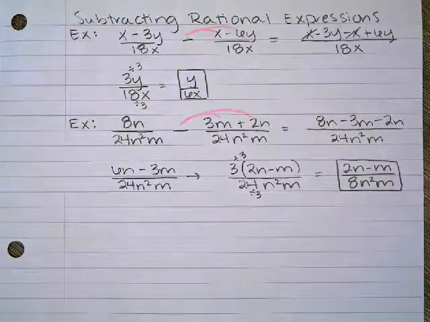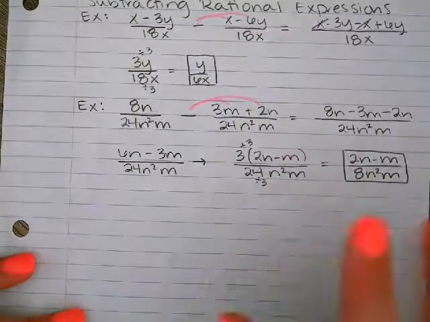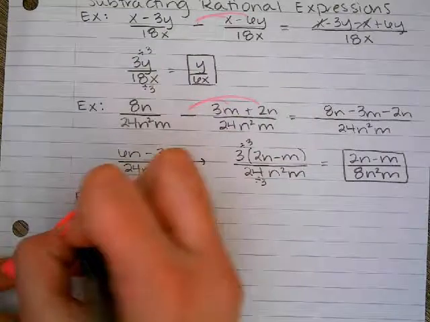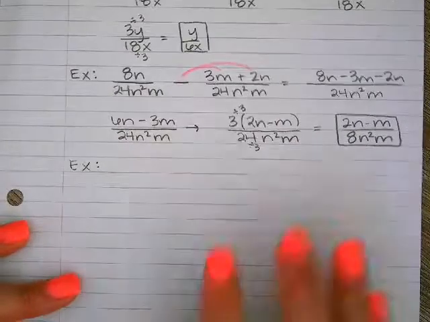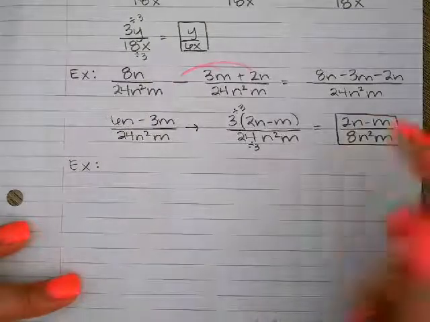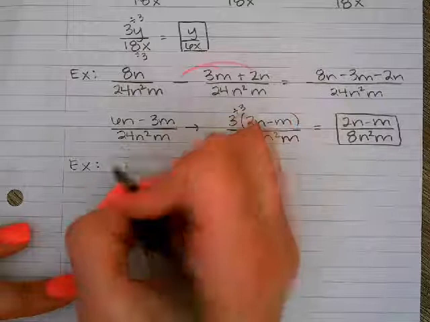Okay, so that's what the problems are going to look like if you have a monomial on the bottom. I know you gave me some feedback on adding fractions. You didn't really like these problems because they had two variables, so we'll probably like these other examples better.